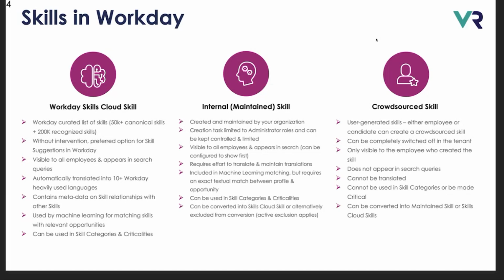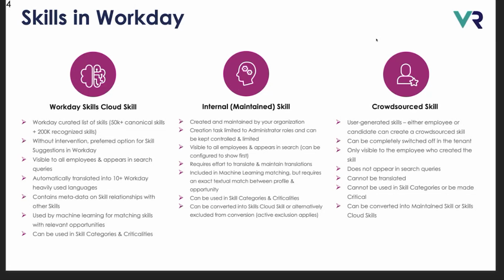So once you have Skills Cloud on and people have access to skills, they will have access to the entire library of Skills Cloud skills. Partly because of the experience, and partly because it is a data set that Workday uses to make inferences and to maintain their Skills Cloud environment. They don't want to bias those data sets.